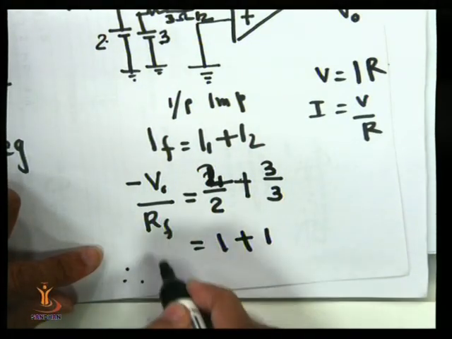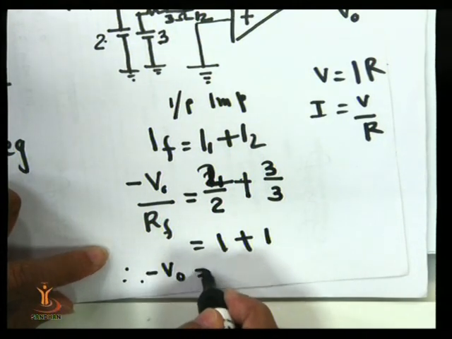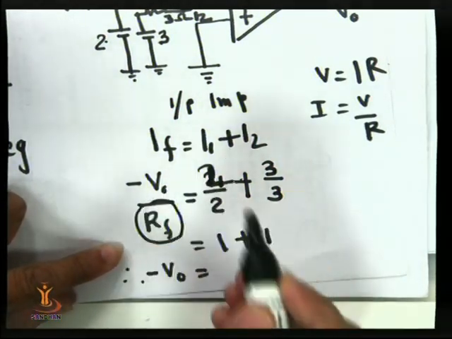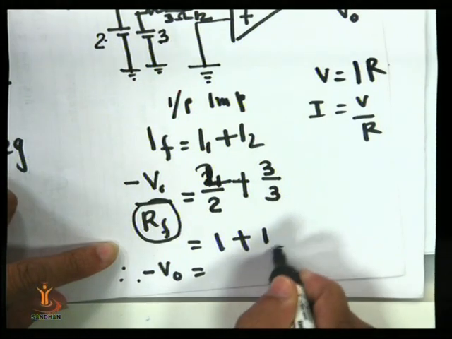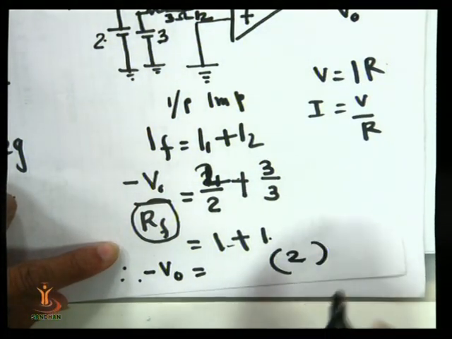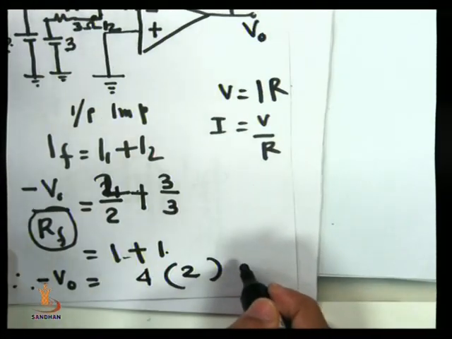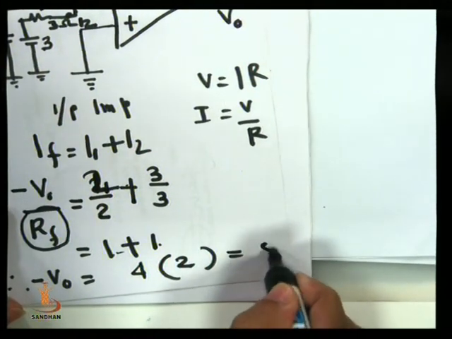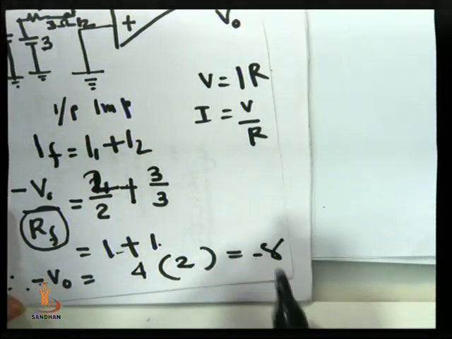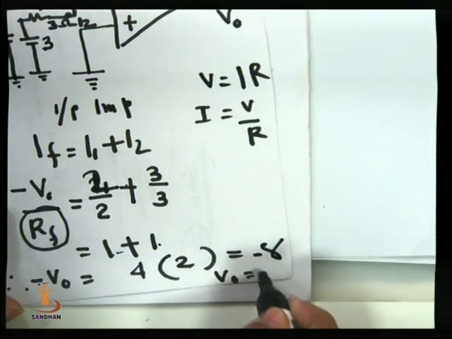Now minus V0 equals 1 plus 1, that is 2, times RF, which is 4, so 8. Taking the minus sign across, V0 equals minus 8.